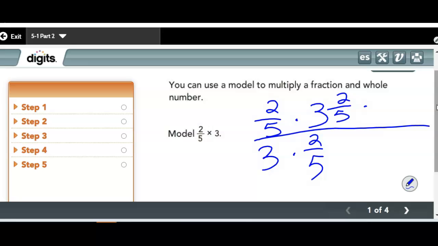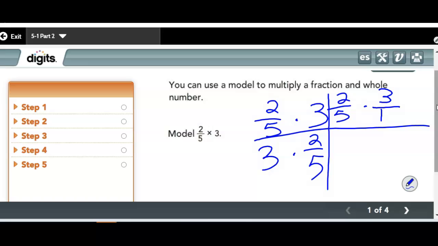Lincoln. Okay, a whole number as a fraction is 3/1. How many times does 1 go into 3? 3 times. So writing a whole number, you just put 1 on the bottom.